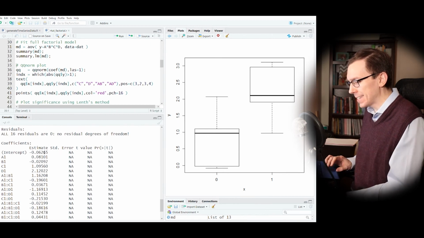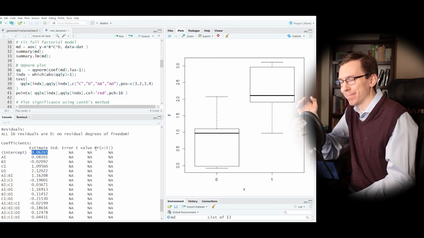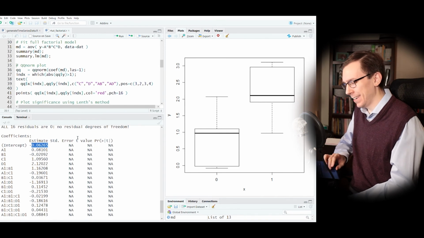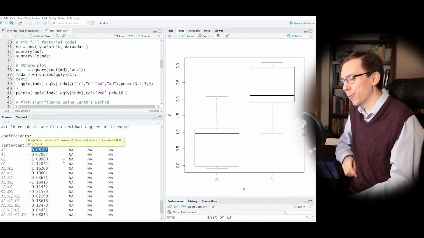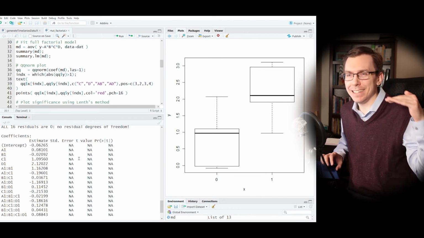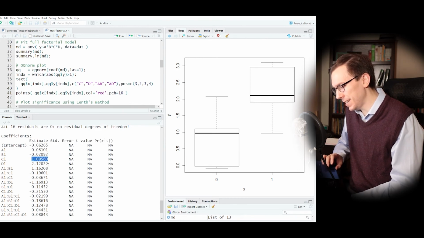In this case, the intercept corresponds to the 0 setting for all of the factors. And then A1 is going to be the difference between A0 and A1. So this is like the main effect for A, for B, for C, for D.